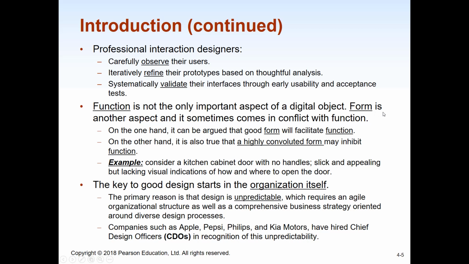The form is another aspect, and it sometimes comes in conflict with function. On the one hand, it can be argued that good form will facilitate function, whereas it is true that highly convoluted form may inhibit function. Let's take an example. Consider a kitchen cabinet door with no handles.